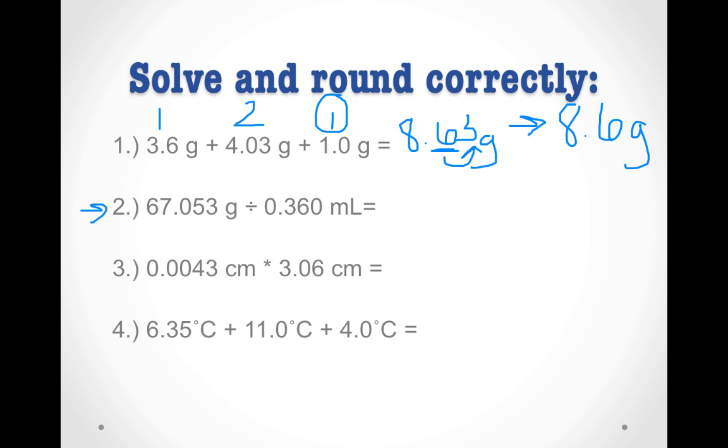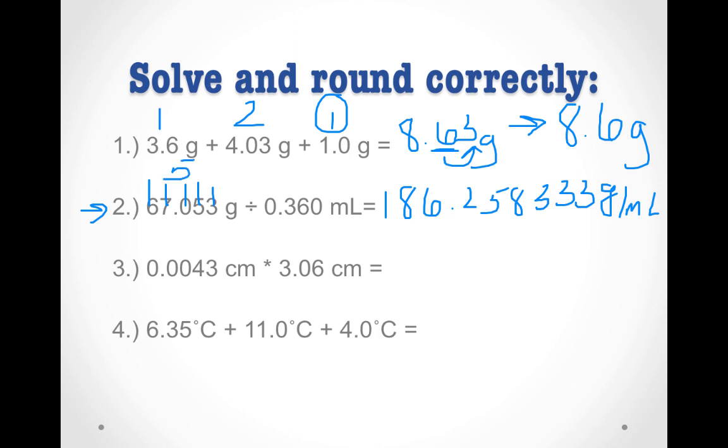Let's try number 2. First, we want to report a calculated unrounded answer. In this case, we get 136.25833 grams per milliliter. Since this is a division problem, we want to round to the same number of sig figs as our measurement with the fewest sig figs. So let's count sig figs. Here we have 1, 2, 3, 4, 5.